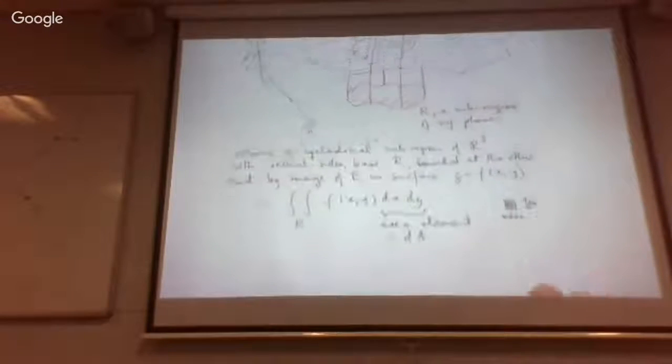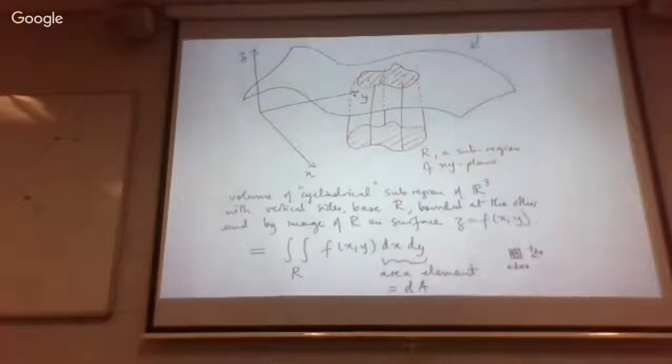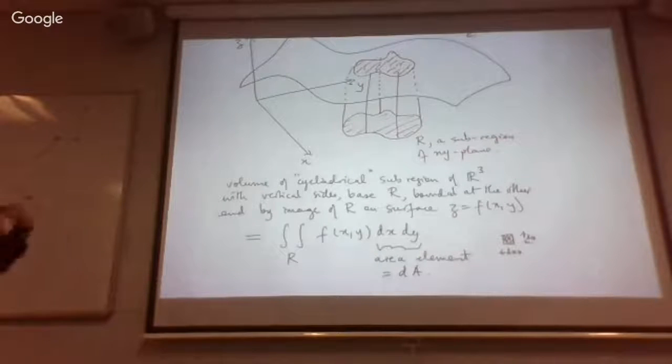We'll also be able to generalize this kind of integration further into 3 dimensions, into functions of 3 variables, where the domain of the function is the whole of R3 space. Then we'll be able to integrate over sub-volumes, subregions of R3, and that will give us some kind of a 4-dimensional volume. Okay, but this is the picture here.